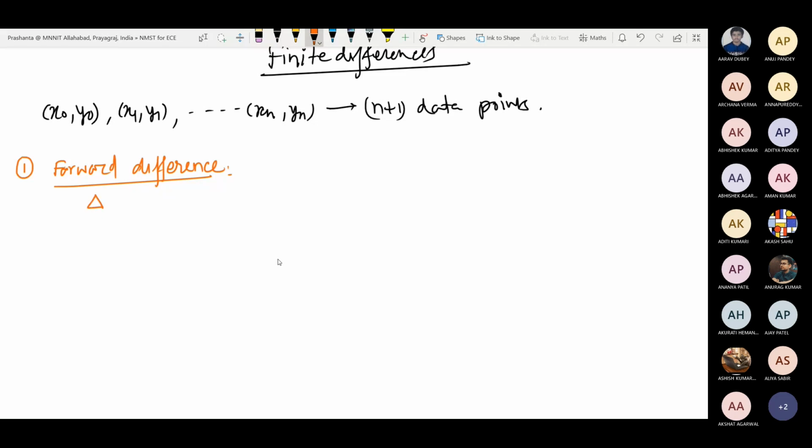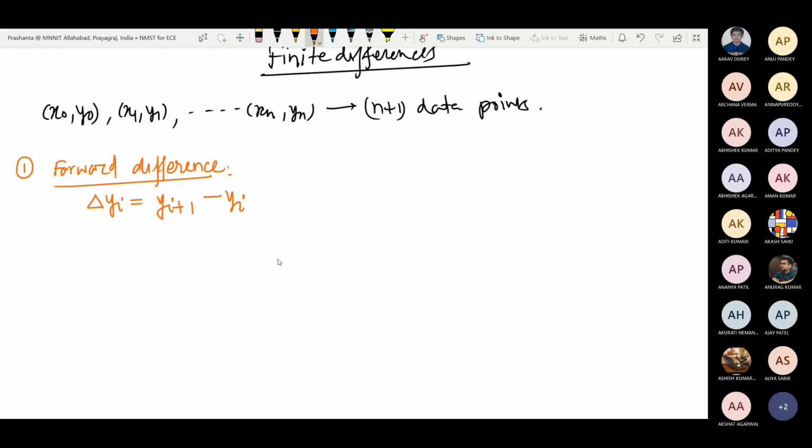So delta of yn, the formula is, or let me rather write down, n is an index already present in the data set, so let me write down in terms of i. Delta of yi equals yi plus 1 minus yi.